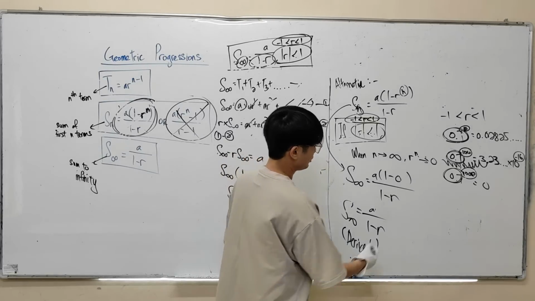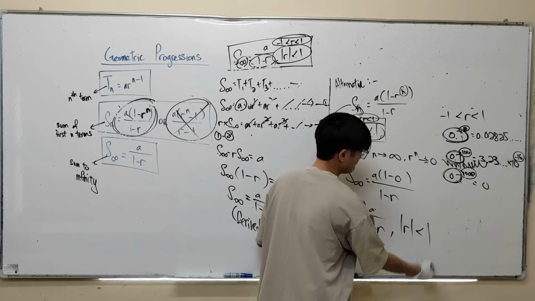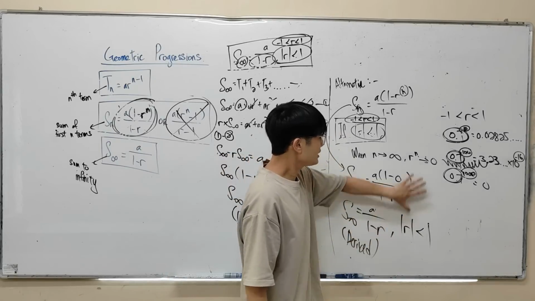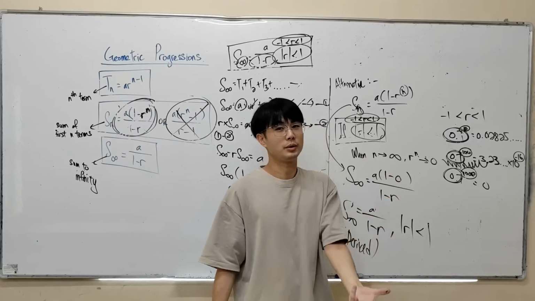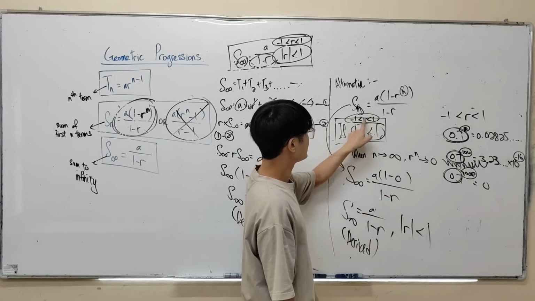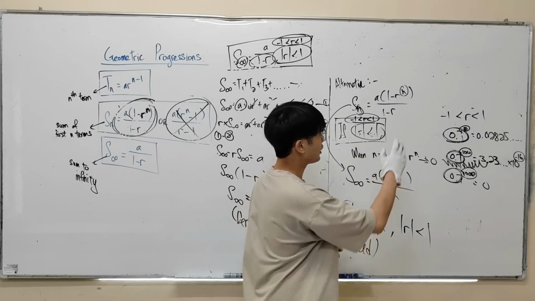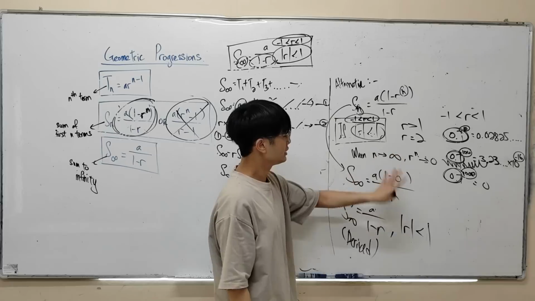But remember to write this: your r has to be, modulus r has to be smaller than 1. It means all these things can only happen if your r is 0 point something, only if your r is in between negative 1 and 1. Because if your r, let's say, is bigger than 1, like let's say your r is 2, then this thing won't happen.